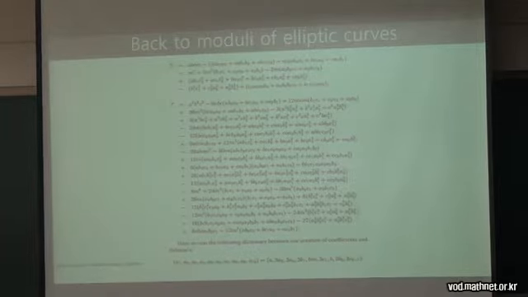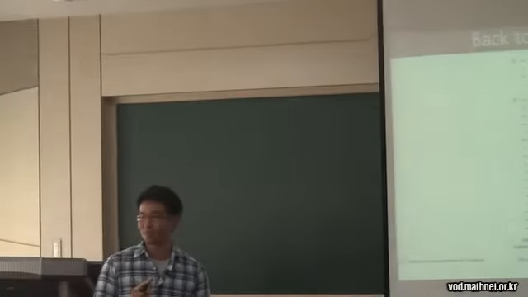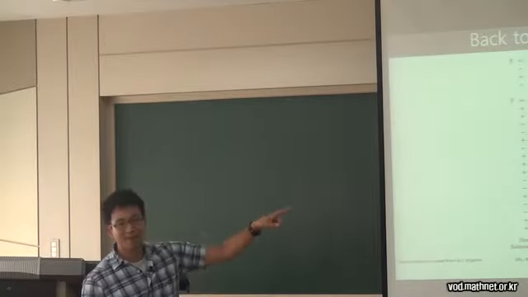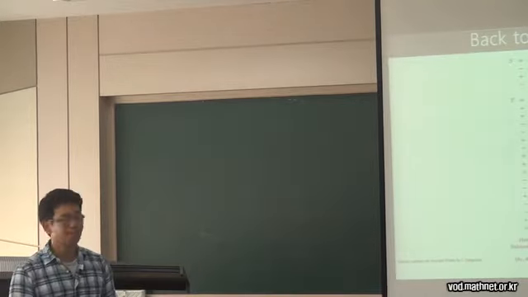Maybe Bernd could have done it. And if you remember y squared z minus x cubed, then there are only two non-zero coefficients, right? And if you plug it in there, then you can see easily that S and T both vanish.